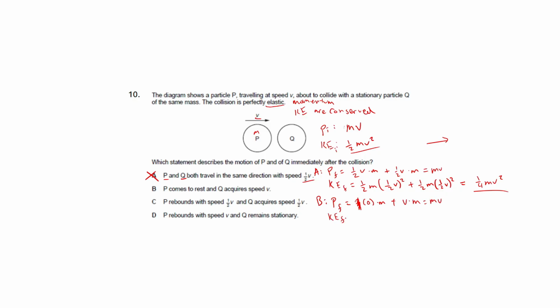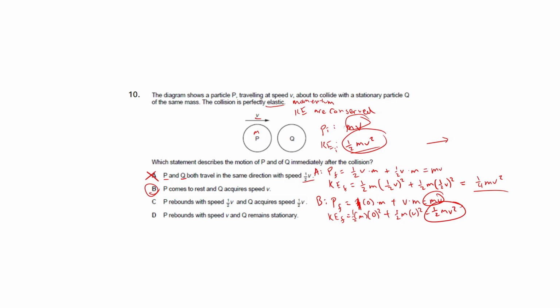Our kinetic energy is equal to 1/2 m, our v is actually 0 squared, plus 1/2 m, and then v in this case is v squared, so it's 1/2 mv squared. And oh my god, it actually matches. So we see that these two quantities for momentum and kinetic energy are the same, and thus this is actually the correct answer.